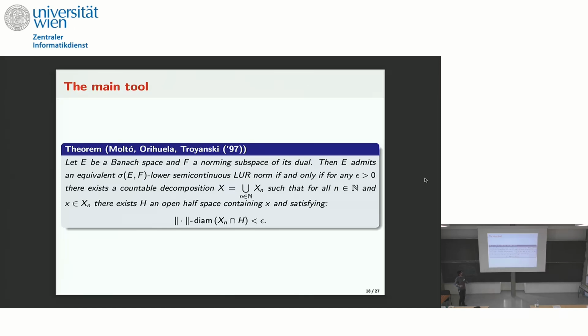We have this characterization of LUR normability due to Molto, Orihuela, and Troyanski, which says that if you have a Banach space and you can decompose it in countably many pieces, such that for every point in every piece you can find a slice of arbitrarily small diameter, then you can construct an equivalent locally uniformly rotund norm.